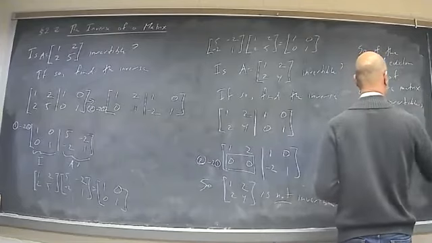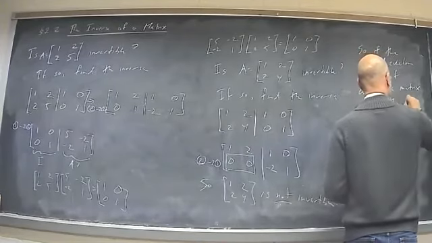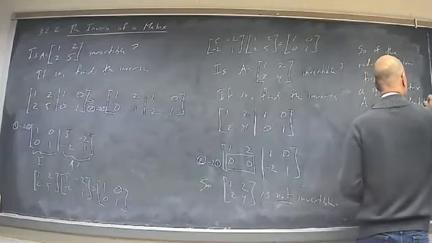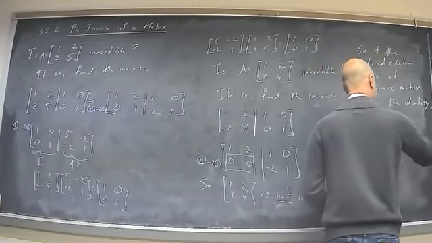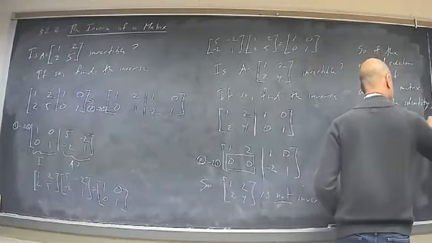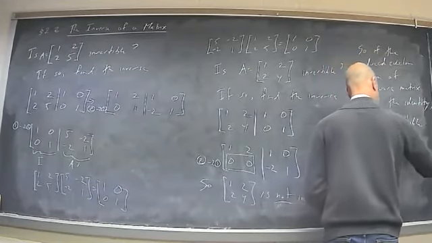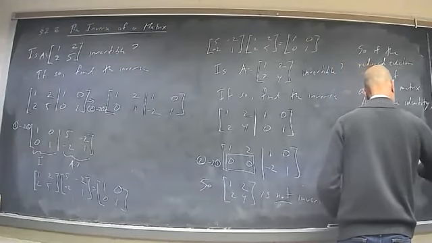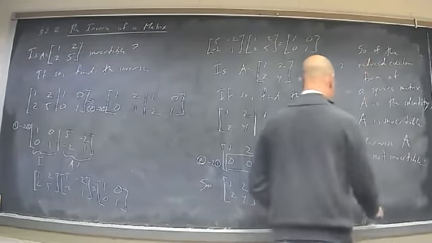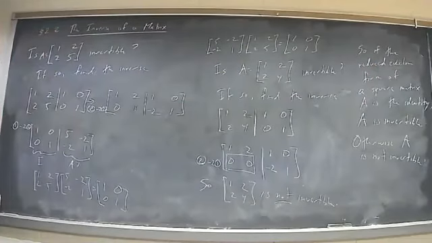So when you're row reducing, if you get down to the identity on the left side, it's invertible.